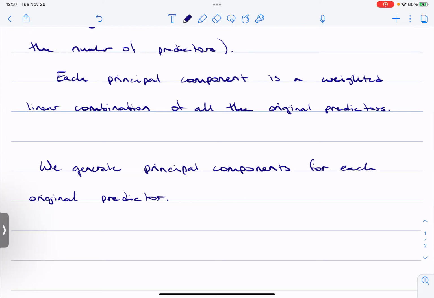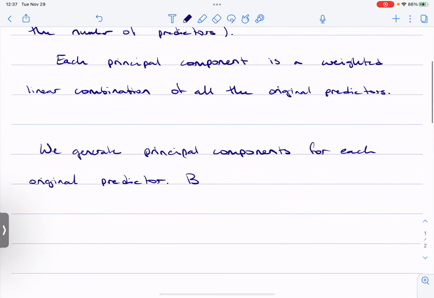But then we only keep as many as we need to achieve some desired percentage of, okay, now I've captured this amount of variability.